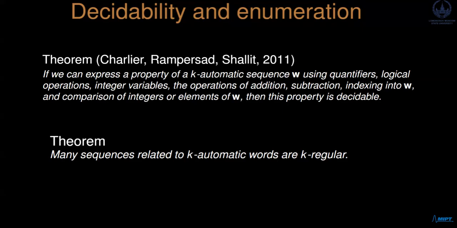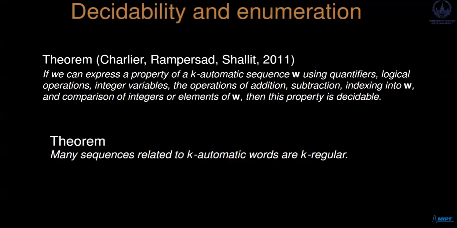Yeah, one nice theorem was found by Emilie Charlier, Narad Rampersad and Jeffrey Shallit in 2011. This theorem gives a powerful result regarding the decidability of properties in K-automatic sequences.